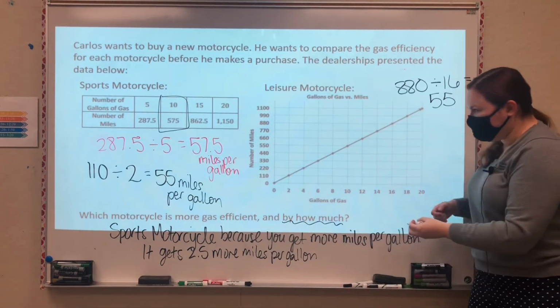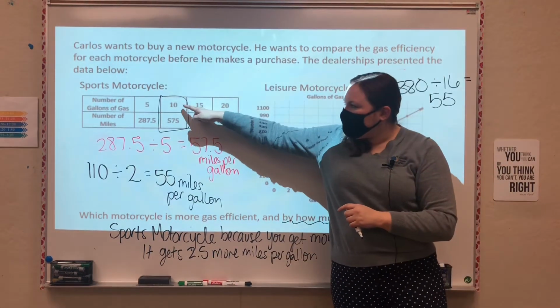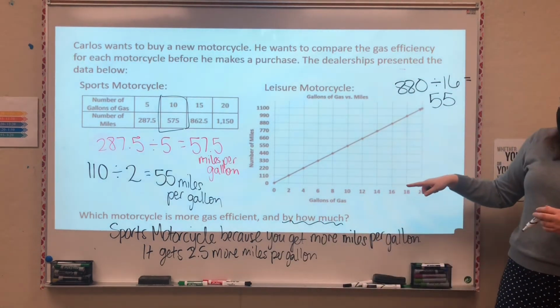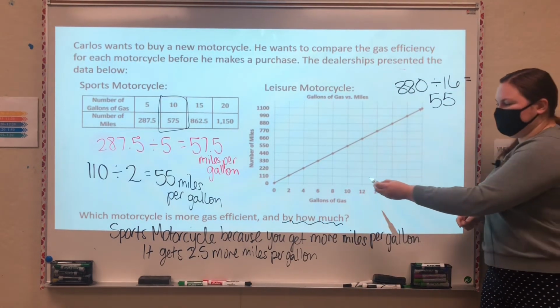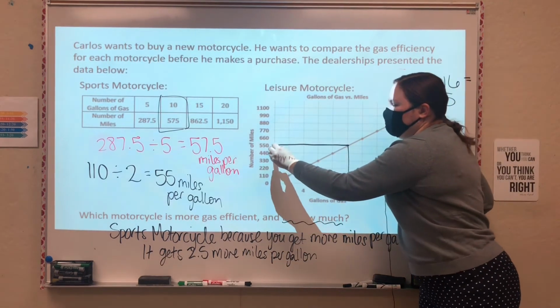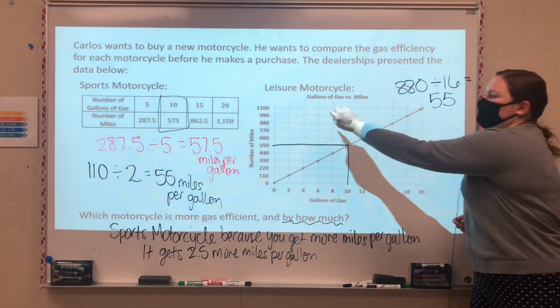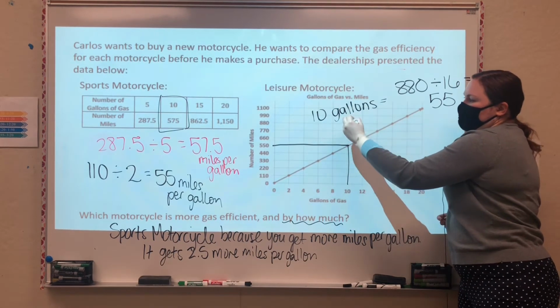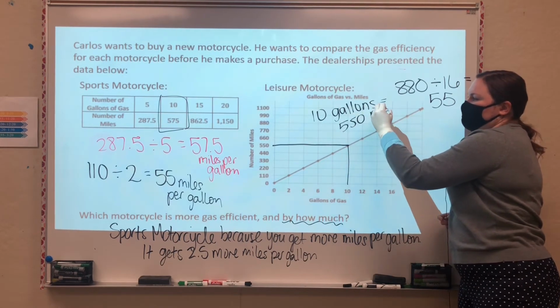So let's focus in on the 10. This one here is telling us it takes 10 gallons to go 575 miles. This one here is telling us 10 gallons, 550. I'm going to write that down. 10 gallons, you can go 550 miles.